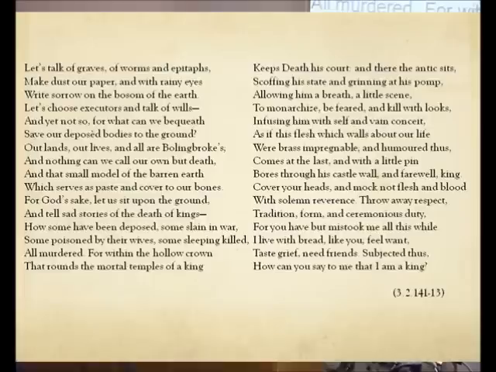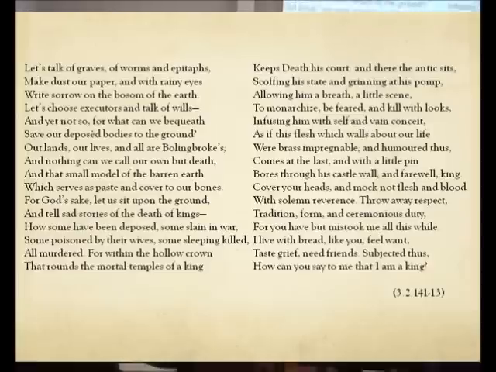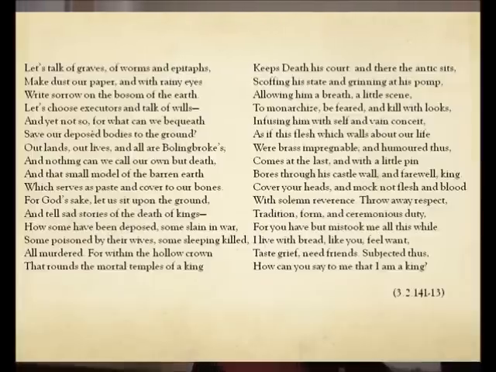For within the hollow crown that rounds the mortal temples of a king, keeps death his court, and there the antic sits, scoffing his state and grinning at his pomp, allowing him a breath, a little scene, to monarchize, be feared and killed with looks, infusing him with self and vain conceit, as if this flesh which walls about our life were brass impregnable, and humored thus, comes at the last, and with a little pin bores through his castle wall, and farewell king.